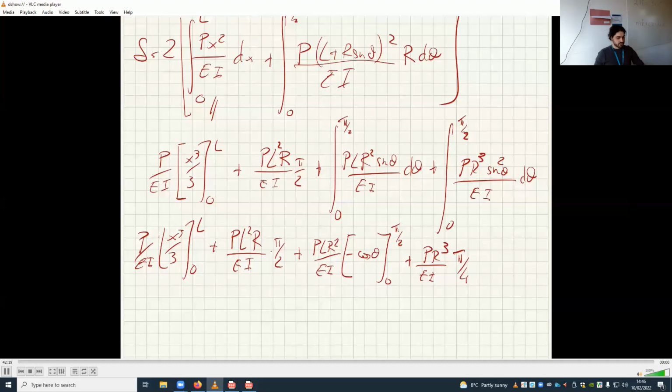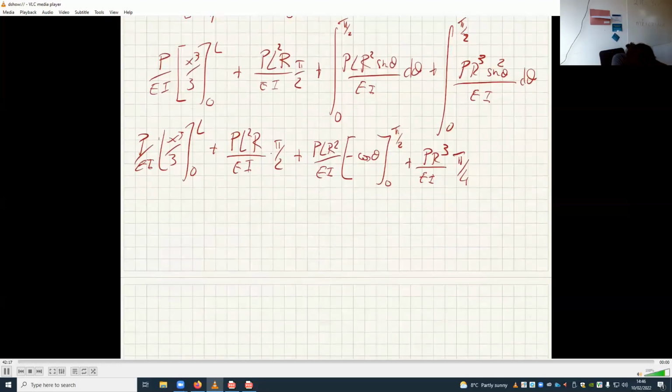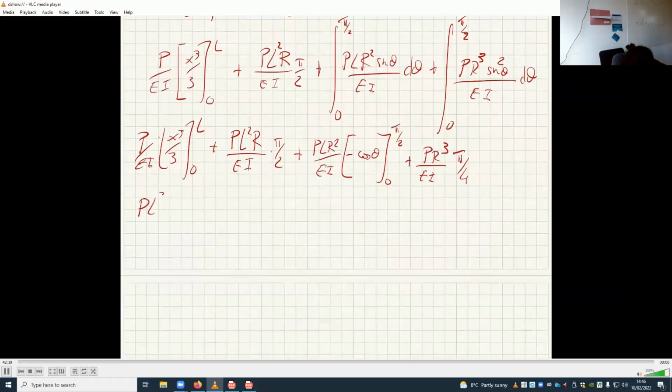Okay, so let me evaluate the first two. This is PL cubed over 3EI, plus PL squared R pi over 2EI.